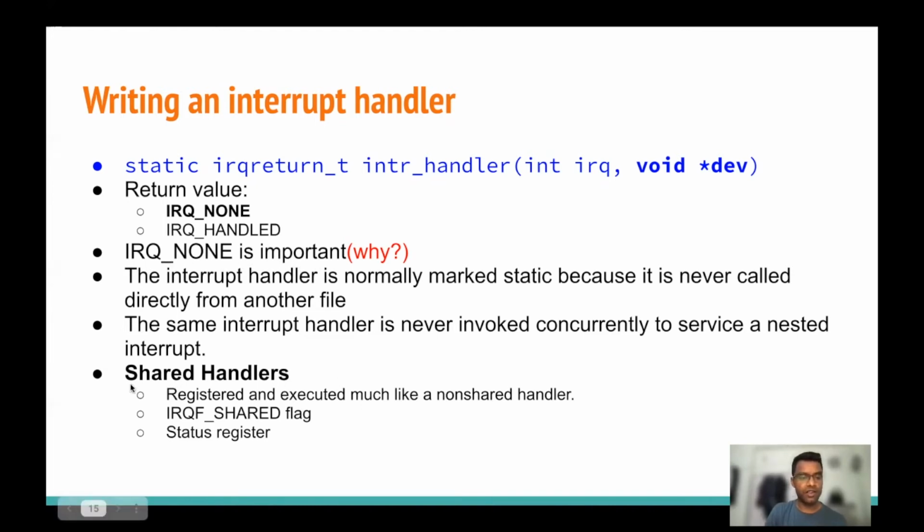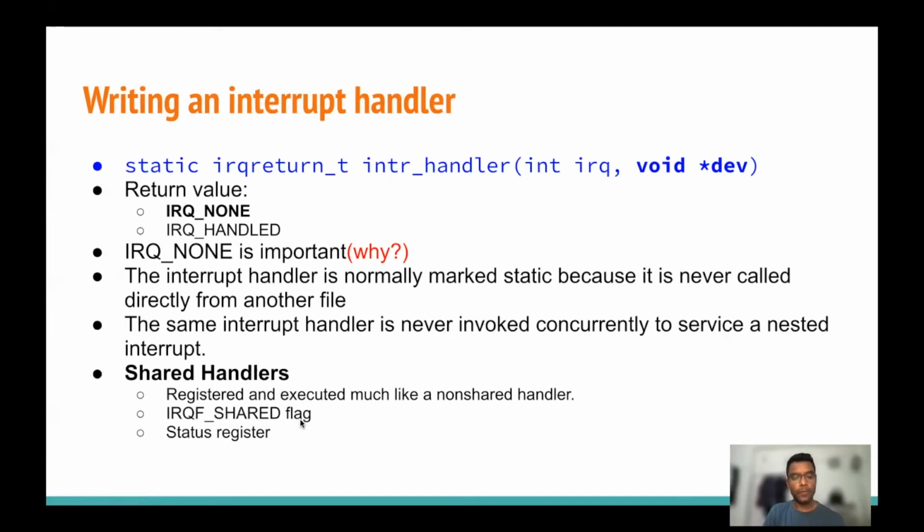Let's discuss the shared handlers. As we have discussed, an interrupt line can be shared by multiple devices. For that purpose, every device will register its handler. When we register a new handler for a particular interrupt line, we have to specify the IRQF shared flag, as we have already discussed.